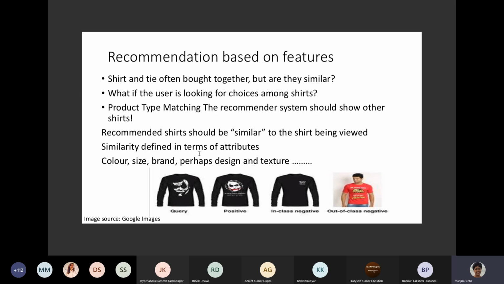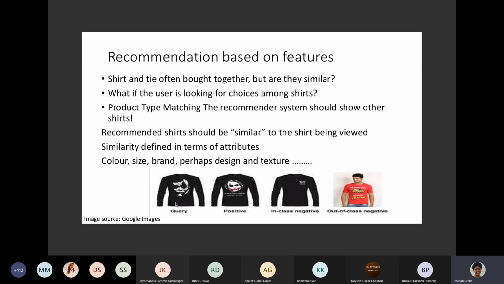So similarity can be defined in terms of attributes like color. If I am looking for a black t-shirt, then it is black. Some people may have a fondness for particular brands or some texture like cotton or mixed or polyester, or perhaps even the design, whether to have a collared t-shirt or not.